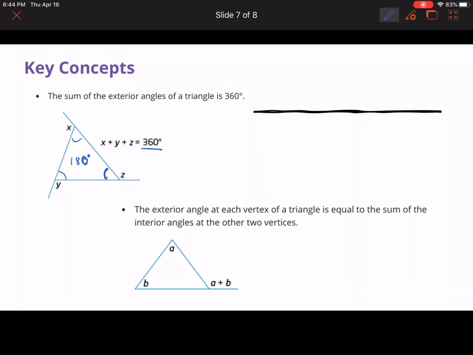Also, we talked about this one in class. Because these two are complementary, and because, let's call this one C, it has to equal 180 degrees.